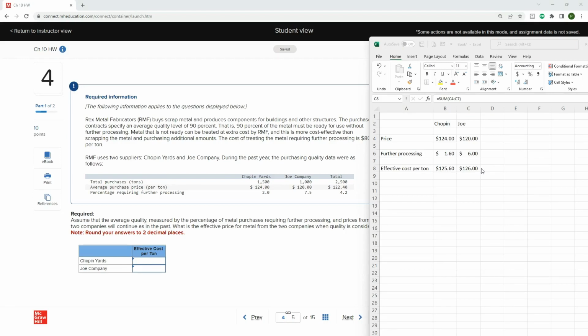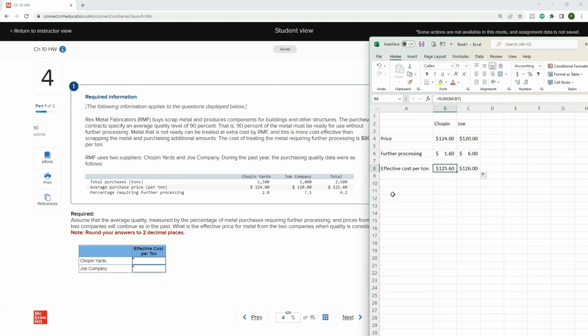So it looks like Chopin, even though the price for Chopin is a little bit more, $124, we don't have to process that much metal further. So effectively, it's still a little bit cheaper ultimately.